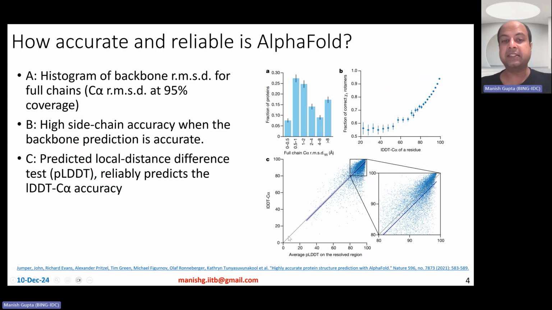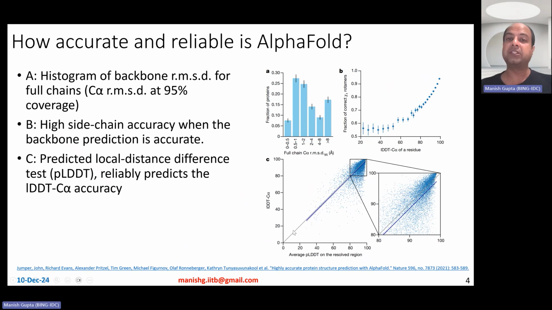What you see is a reliable prediction, mainly because there is a linear correlation between the two. Even in this dense region, there's a linear correlation, which means that not just can AlphaFold come up with very accurate predictions, but it also knows when it is not accurate. So this metric actually tells about the confidence of the prediction.